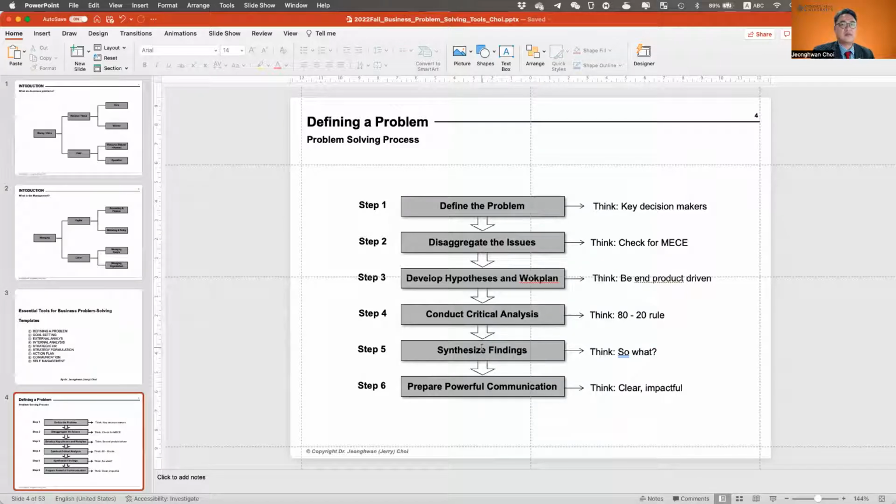Okay, we synthesize findings. Then we bring our idea, our insight, our solution. We must be ready to persuade our people. In that case, maybe you can bring many ideas, a few solutions, many kinds of ideas.